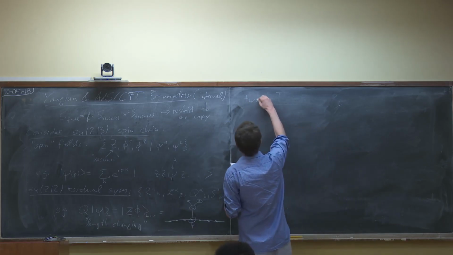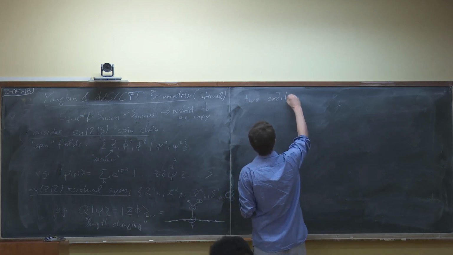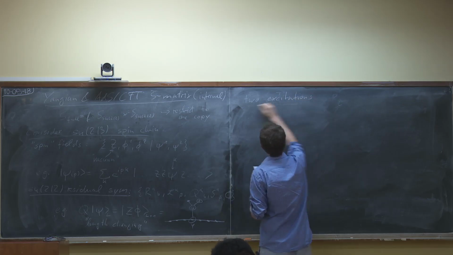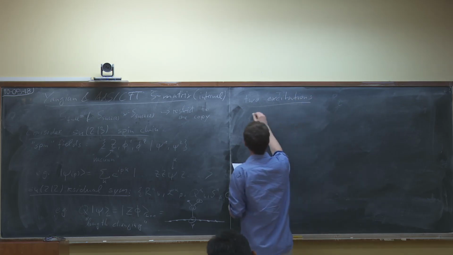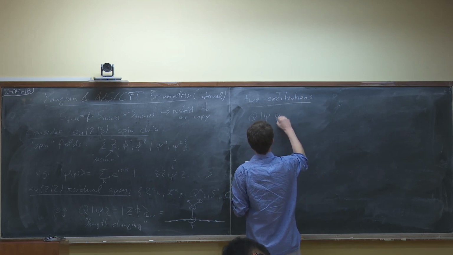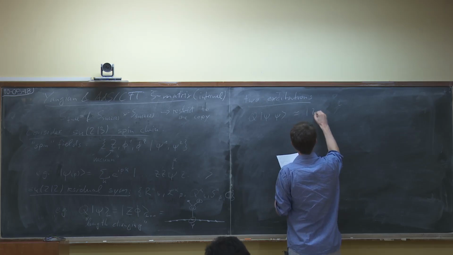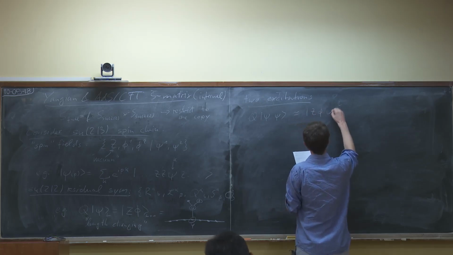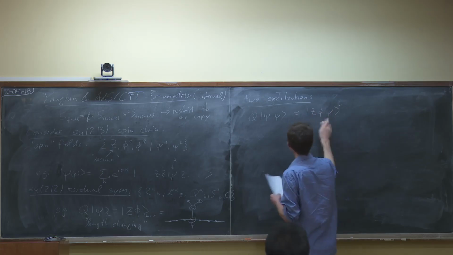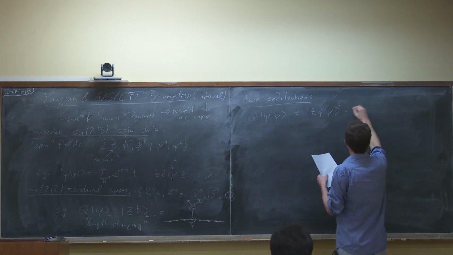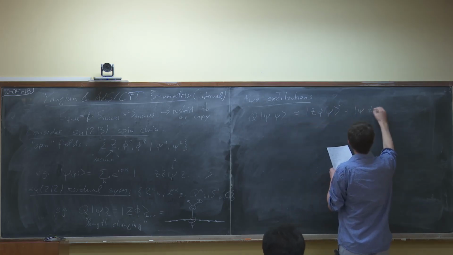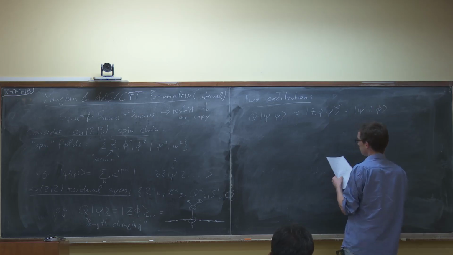But if I look at two excitations, this will actually make a difference. So if I act on two of these psi's, then I get something like Z phi psi by acting on the first one, plus psi Z phi.